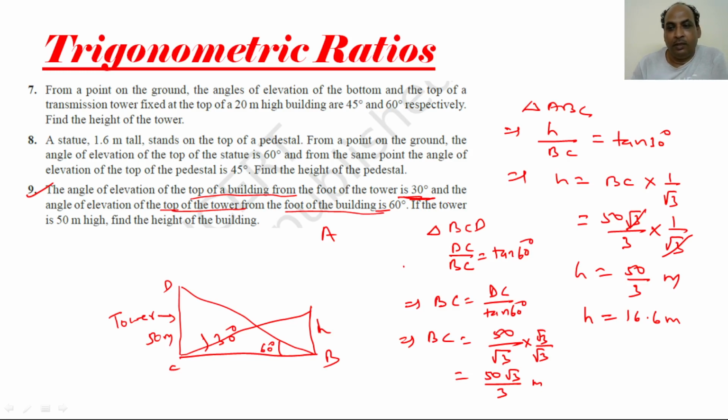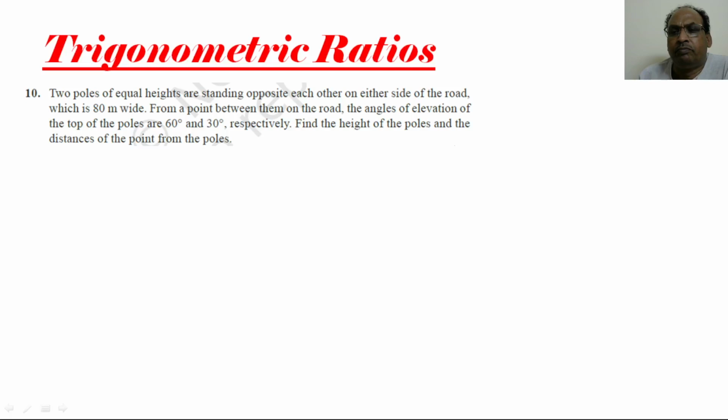Then we can go for question number 10. Okay, so let us go to question number 10. Question number 10 says that two poles of equal heights are standing opposite each other on either side of the road.